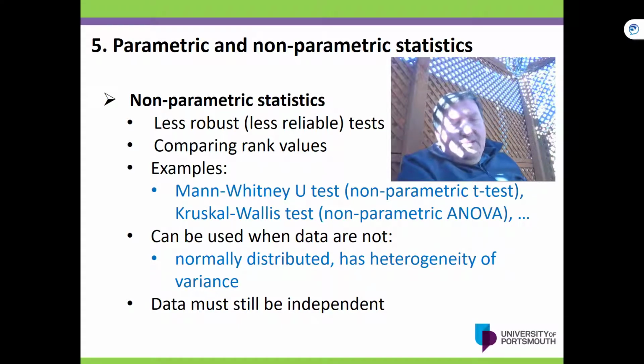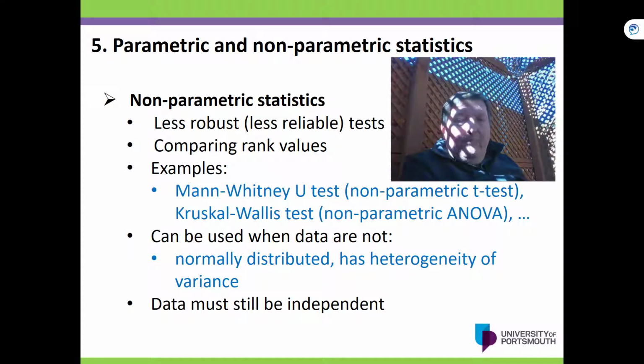Examples of this are the Mann-Whitney U-test, which is the non-parametric version of the t-test. So again, comparing two groups, n equals 2. Or the Kruskal-Wallis test, which is the non-parametric version of the ANOVA. So everything I said about the ANOVA, n's greater than 2, but say it fails the normality test, then the Kruskal-Wallis test might be the way to go.